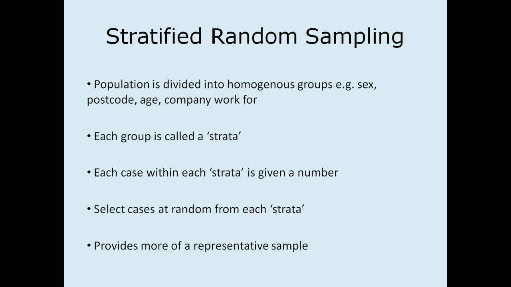So say we take three cases from each strata. We just take random numbers out, and that's very representative because we are taking a number of people from each different group, from each different postcode or each different age group, whatever it is. So it's a bit more complicated, but fairly straightforward, really. And it does guarantee that you have a more representative sample.